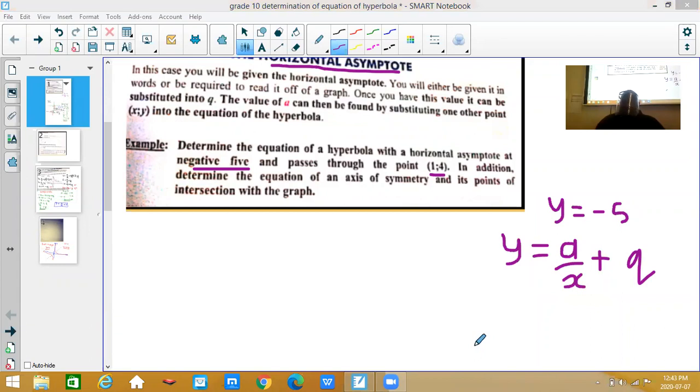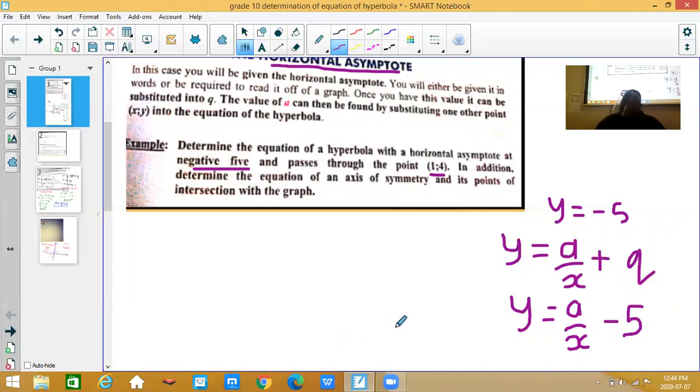Since we've got a over x plus q, the q is the horizontal asymptote. So what is the value of q that we have here? -5. So it implies that y is equal to a over x minus 5. Are you all following there?